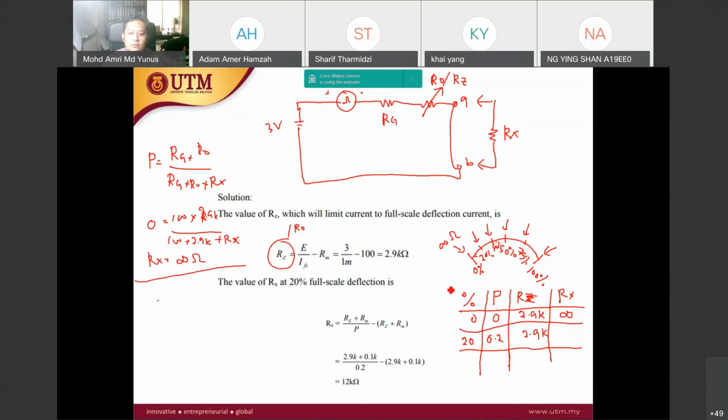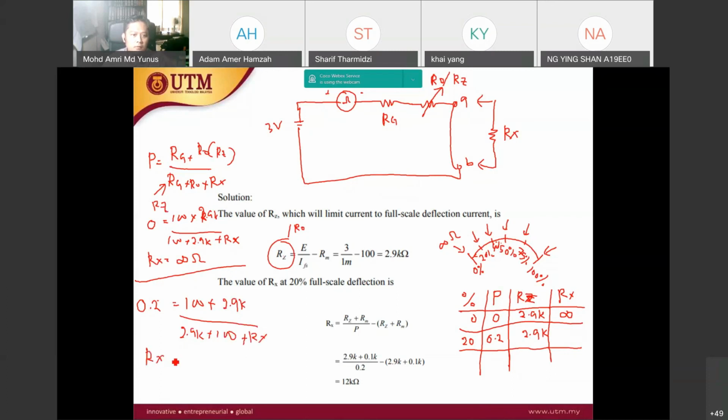Now we find 0.2. Using this formula, 0.2 equals Rg plus Ro. Rg is 100 plus Ro, and Ro is equivalent to Rz, which is 2.9 K, over 2.9 K plus 100 plus Rx.